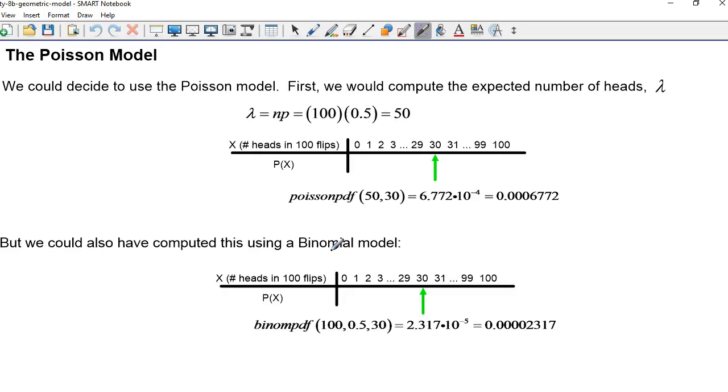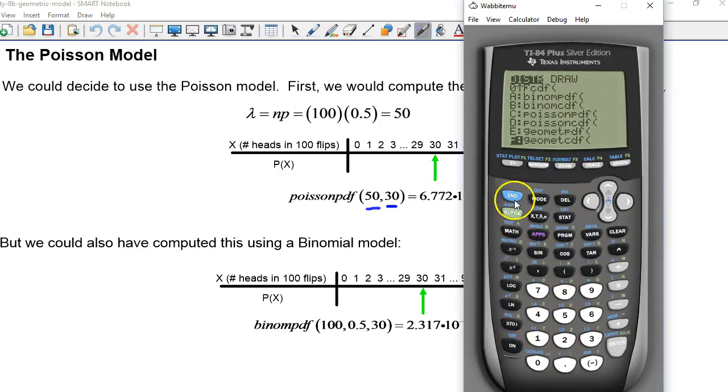So we could decide to use the Poisson model. First we would compute lambda and get 50, and then we would say, I'm trying to figure out the probability that we have exactly 30 heads. Then that would be Poisson PDF, with the lambda value of 50, and then 30 for the value we're interested in. We would go to our calculator, go down to Poisson PDF, and say the lambda value is 50, and we want the probability that exactly 30 heads appear.